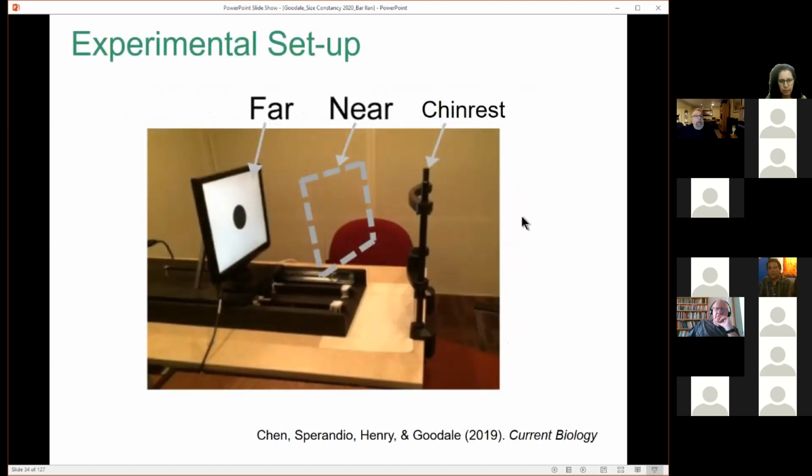And the setup was like this. We wanted to manipulate the real world position of a stimulus. And so we presented a stimulus on the surface of a monitor, which could be moved into two positions, either further away from the observer or close to the observer.